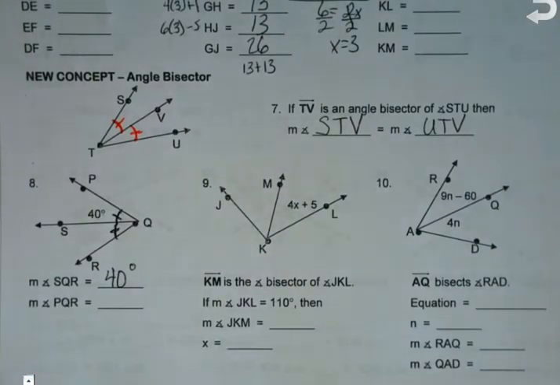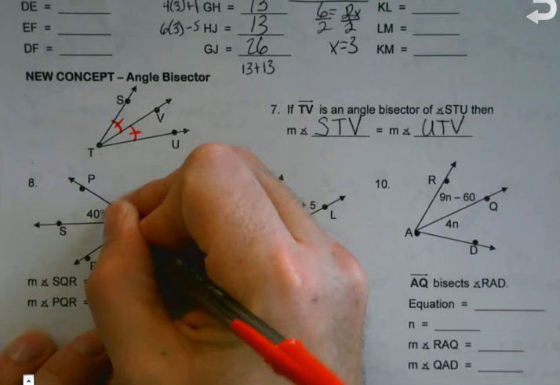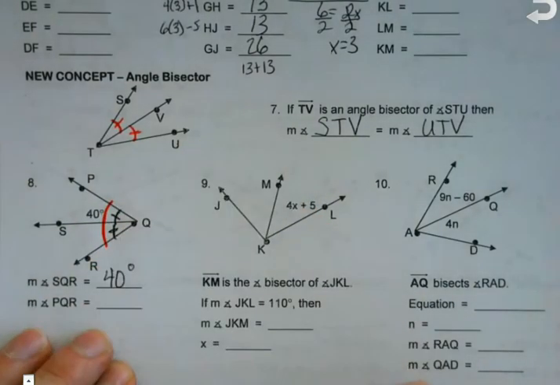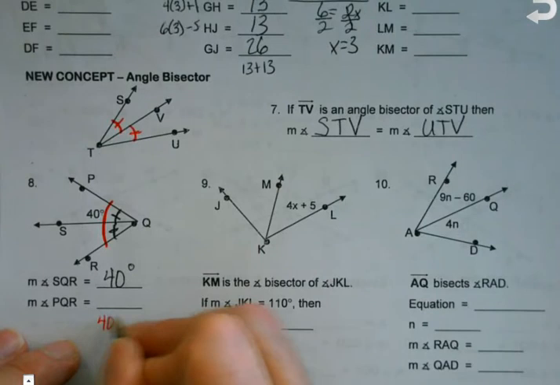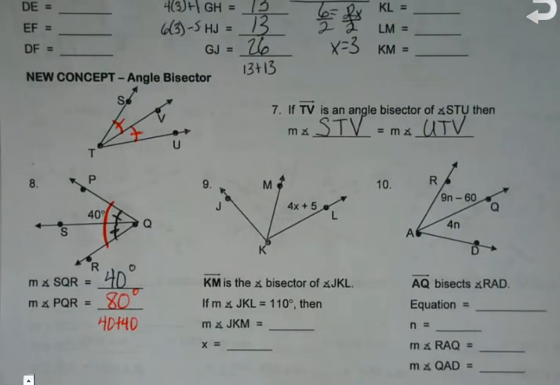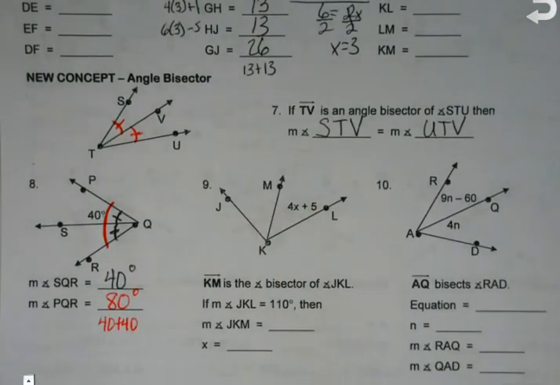If that's true, then PQR, the whole angle, has to be those two put together. So it'll be 40 and 40, which is going to end up being 80. So it works exactly like a midpoint does, just an angle.